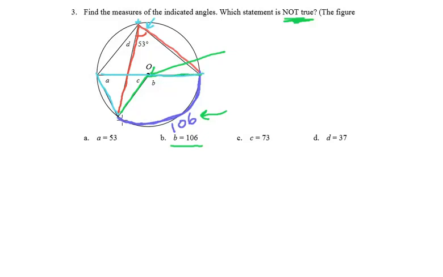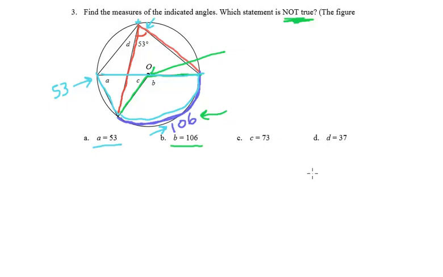And notice that the arc of that inscribed angle is the same as this blue arc. So A is 1/2 of this. So A is also 53 degrees because it's 1/2 of the arc. So A is true.